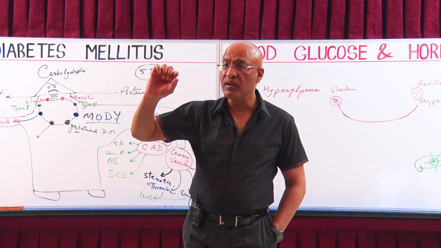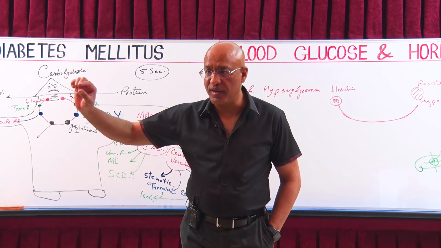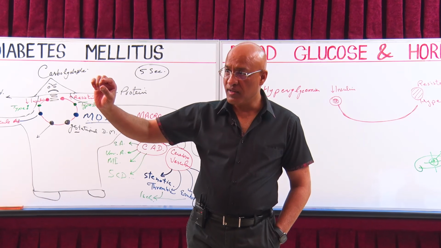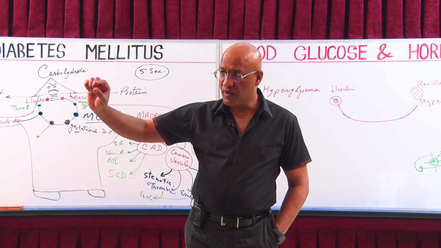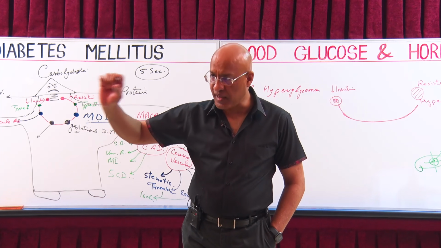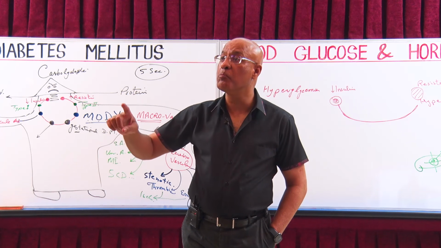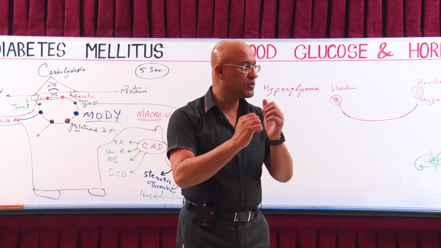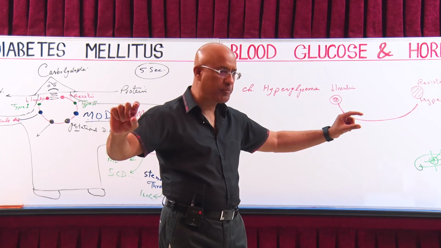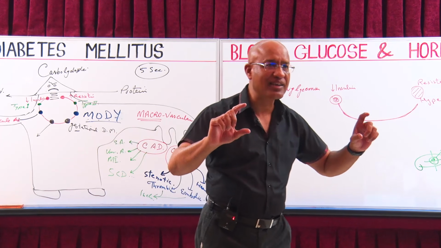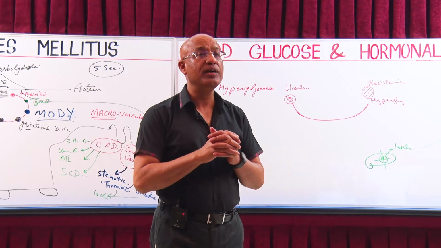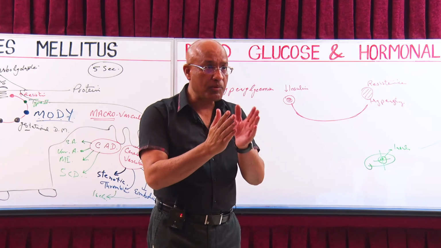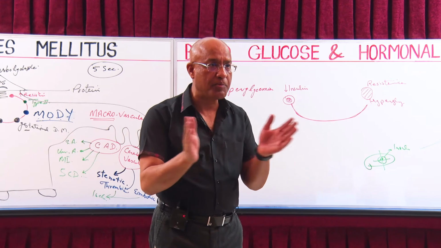Even though the capillary basement membranes become thick, they also become more leaky. They are thick but with cracks. Due to that reason, they are very, very leaky, right? From blood, plasma proteins leak out through those basement membranes.